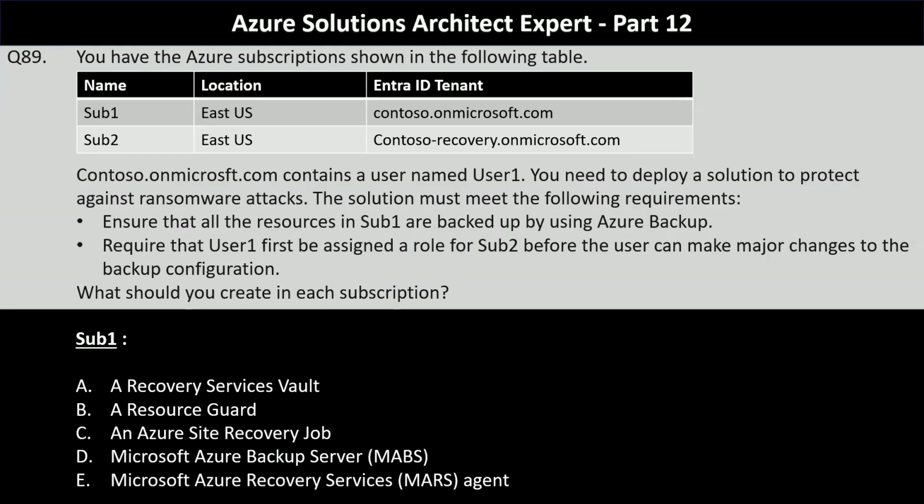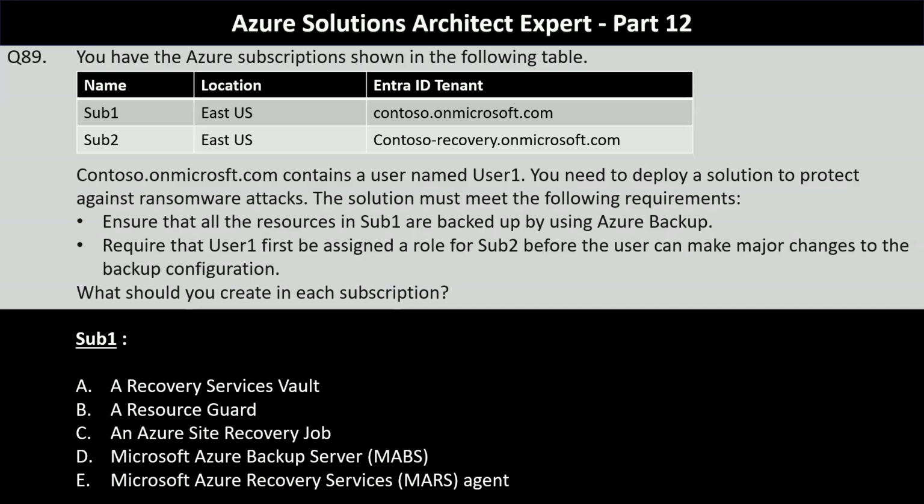You need to deploy a solution to protect against ransomware attacks. The solution must meet the following requirements. Ensure that all the resources in Sub 1 are backed up by using Azure Backup. Require that user 1 first be assigned a role for Sub 2 before the user can make major changes to the backup configuration.